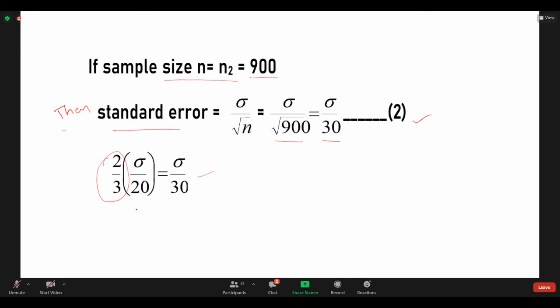This is the relation. Just substitute the sample sizes in that formula and find the relation. That's it.